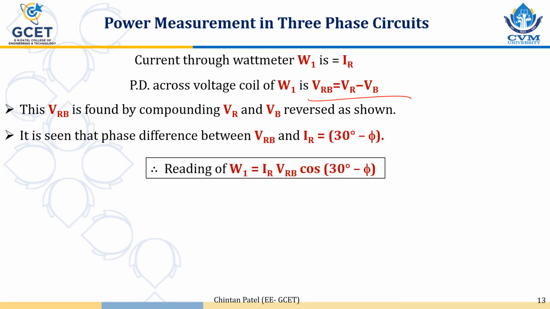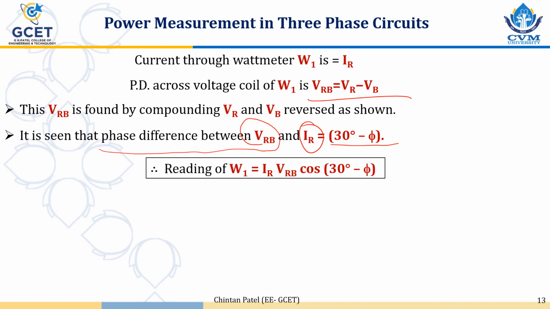From the vector diagram, just refer to the vector diagram, and it is seen that the phase difference between VRB and IR, that is line voltage and line current, is 30 minus phi. So the reading of wattmeter 1, W1, is IR into VRB into cosine of 30 minus phi.